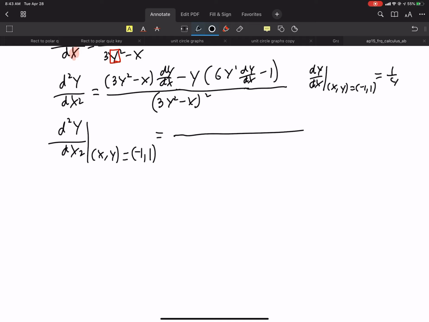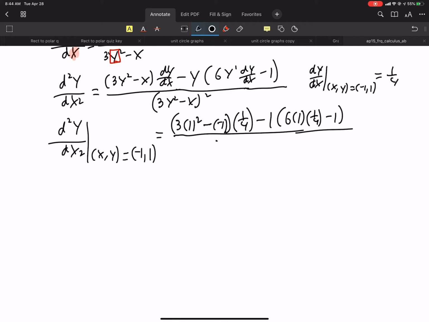So now we get 3 times 1 squared minus negative 1 times 1/4 minus, and y is 1, 6 times 1. Here it's 1/4.